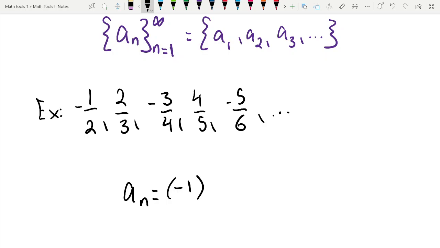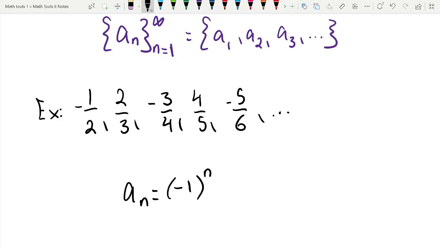So if we let this be (-1)^n, n is our variable here, which dictates which term in the sequence we're at. If n is equal to 1, this is going to be -1, which makes the number negative, which is what we want.